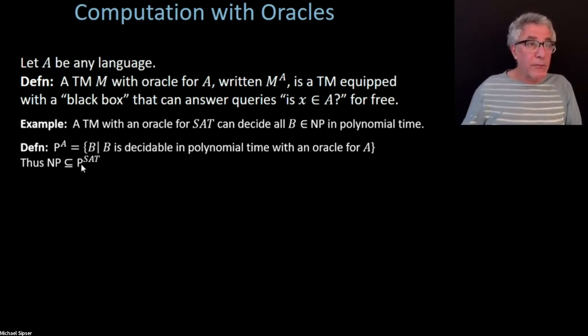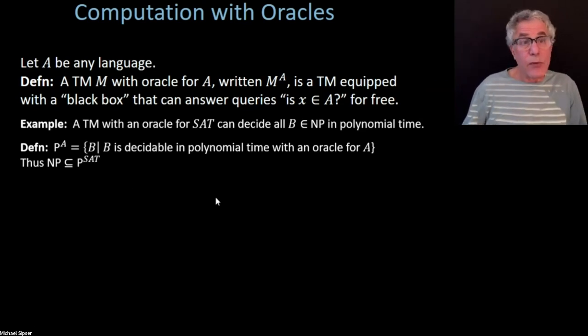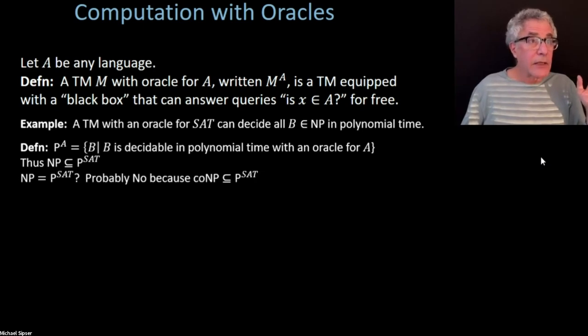As I pointed out, P with a SAT oracle, so all the things you do in polynomial time with a SAT oracle, includes NP. Does it perhaps include other stuff? Or does it equal NP? Would have been a good check-in question, but I'm not going to ask that. In fact, it seems like it contains other things too, because co-NP is also contained within P given a SAT oracle.